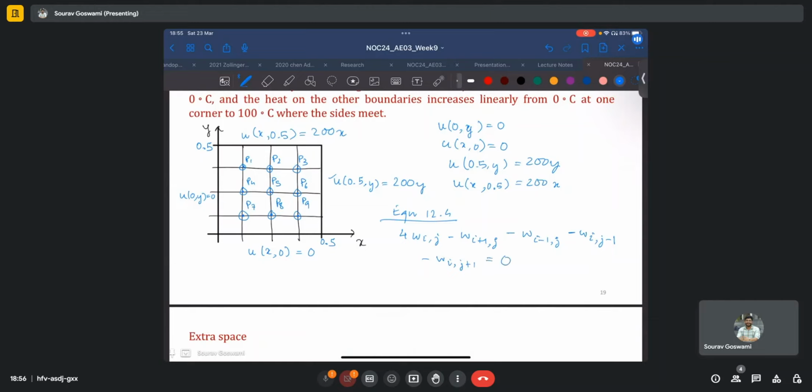That is, the information of the ith and jth node is expressed in terms of the neighboring nodes. So say for P5, I have the information in terms of P2, P4, P6, and P8. And this is valid for i equals 1, 2, 3, and j equals 1, 2, and 3.